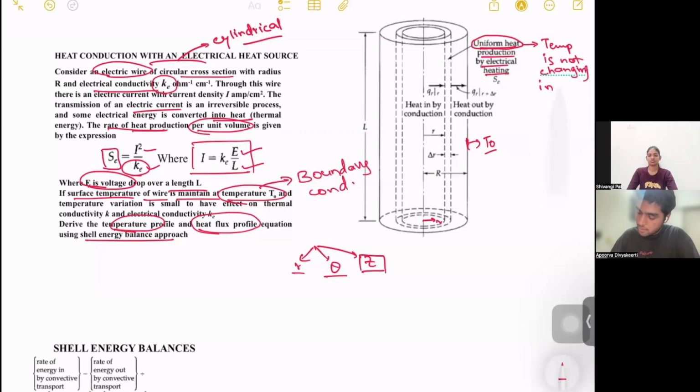Next is theta. We have to see whether temperature is changing in theta. But as the problem is symmetric around theta, the temperature will not change around theta also. Now we have got only one remaining, that is r. So temperature changes as a function of r.